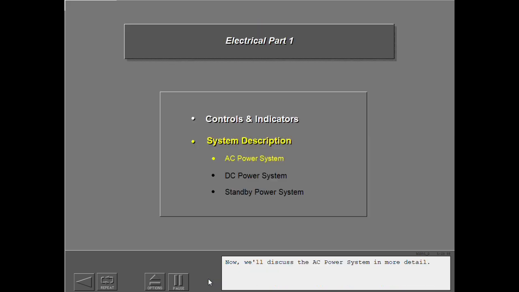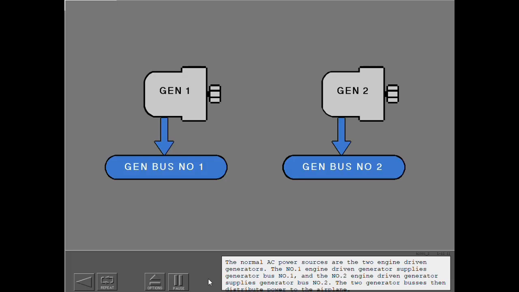Now we'll discuss the AC power system in more detail. The normal AC power sources are the two engine-driven generators. The number 1 engine-driven generator supplies generator bus number 1, and the number 2 engine-driven generator supplies generator bus number 2.